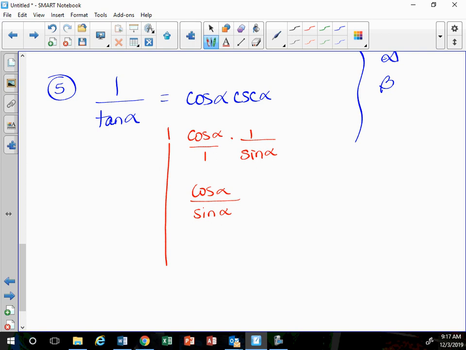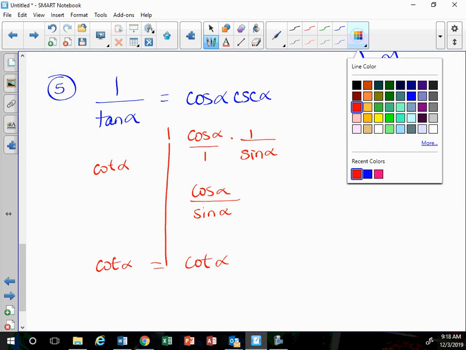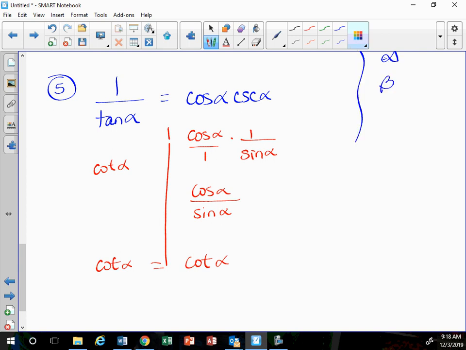Or if you recognize what that is, that's great. What is 1 over tangent? Cotangent. And what's cosine over sine? Cotangent, okay. You're there. They're like little puzzles you just have to figure out, okay? Any questions on that one?